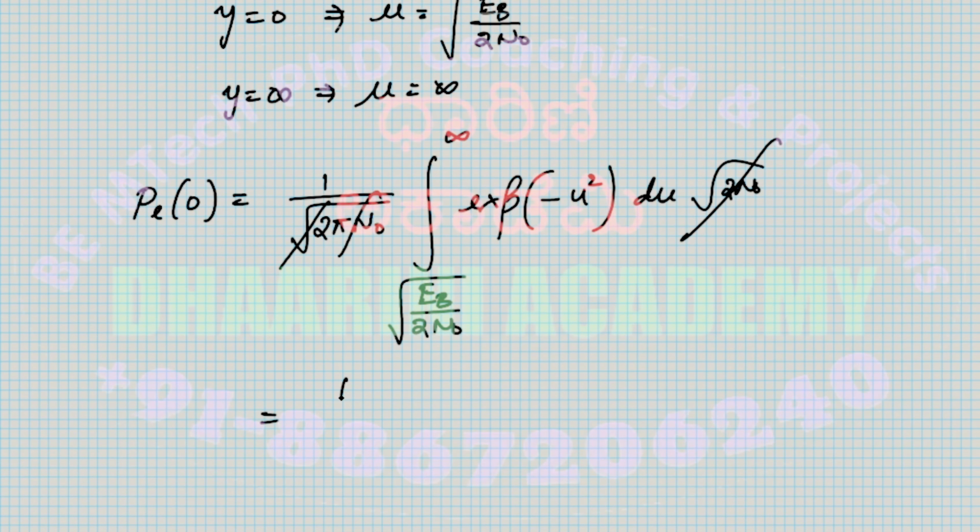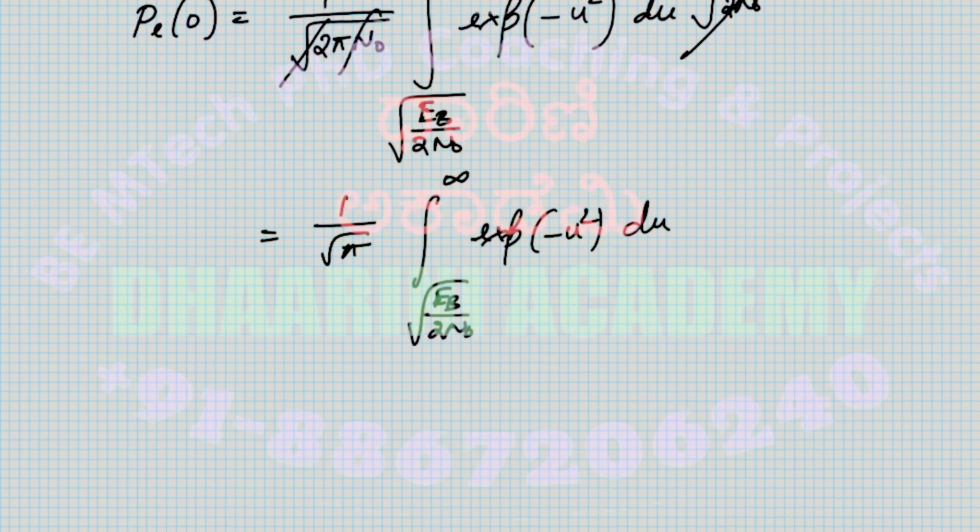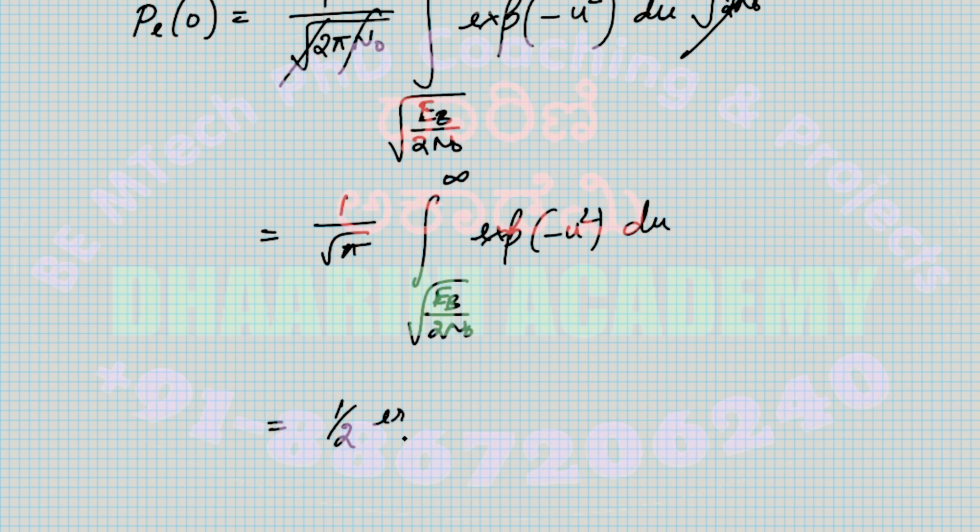What you are left with is 1 divided by root pi, integral from root of Eb by 2n naught to infinity, exponential of minus u square du. Again, you can see that this is a standard error function. I denote that as half of the error function of root of Eb by 2n naught. That is the probability of error for 0.